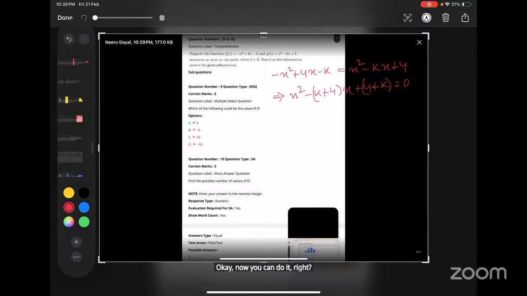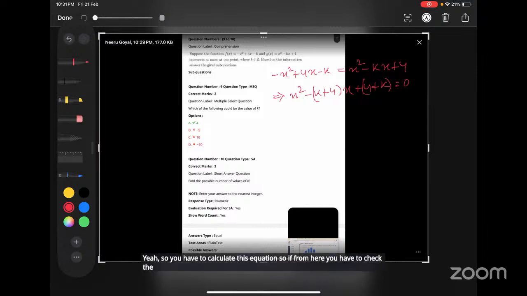Next is to find the possible number of values of k. So you have to calculate this equation and check the possible values of k. This is a quadratic equation, na?